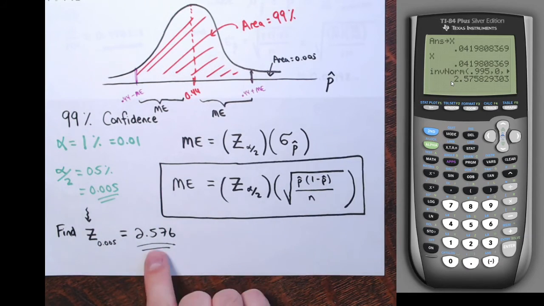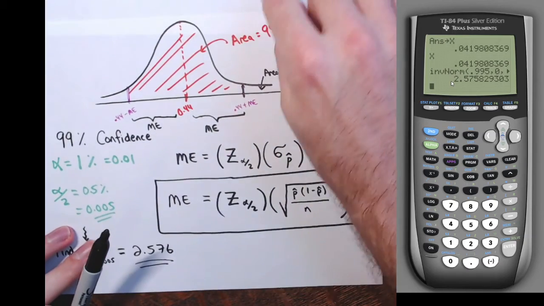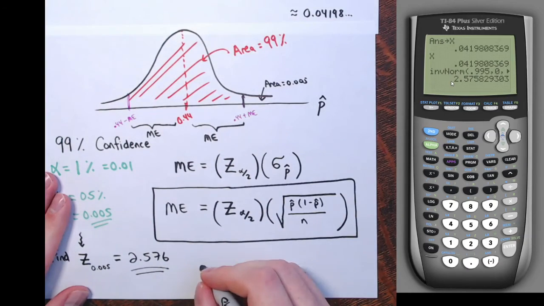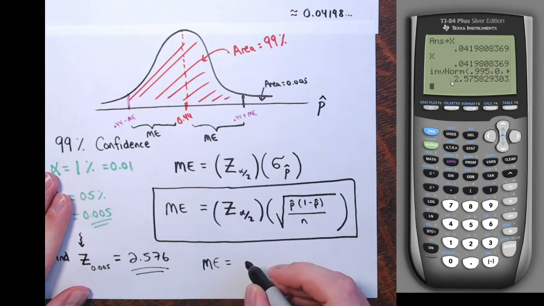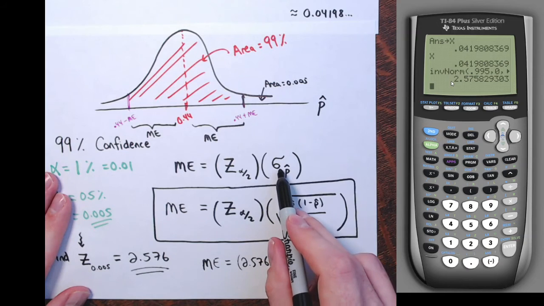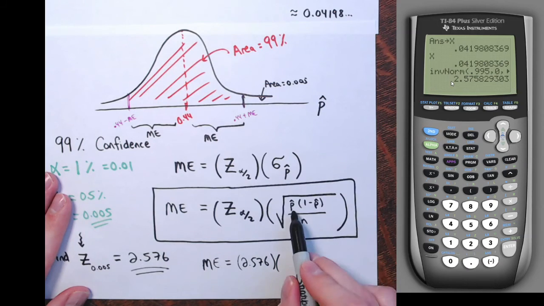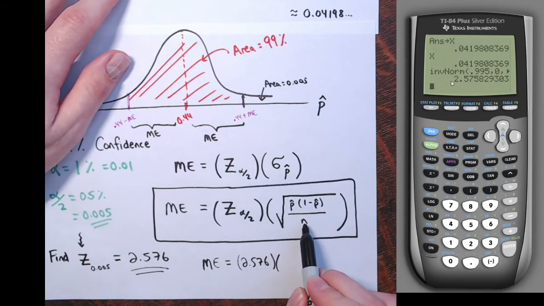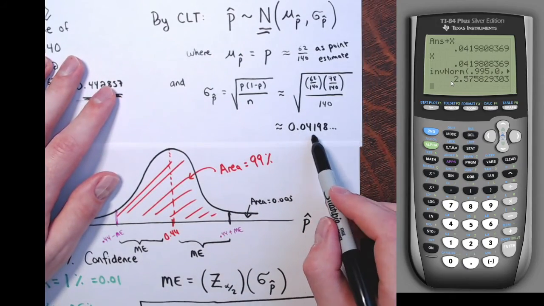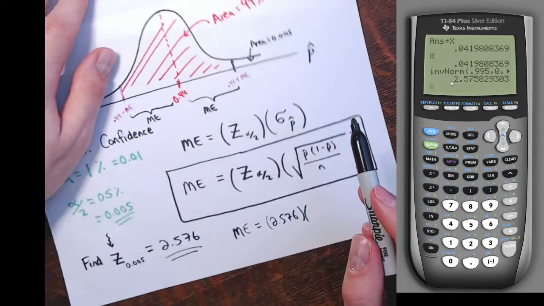So now that I have this and I know my standard deviation, the margin of error in our confidence interval is 2.576 times this standard deviation of the p-hats, the square root of p-hat times 1 minus p-hat over n, which we already found is about 0.04198.